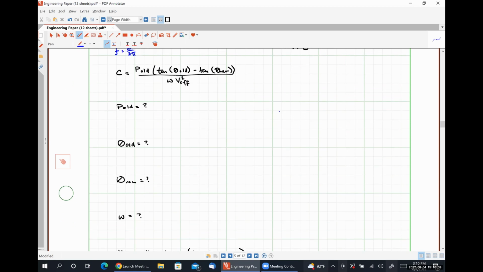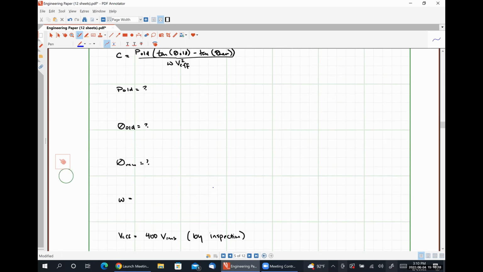So we could say that omega is just 2 pi times f, which is 2 pi times 50 hertz, or 100 pi radians per second. So 2 of our 5 pieces of information are known just from looking at our voltage source. Okay, so I feel like that's pretty easy.